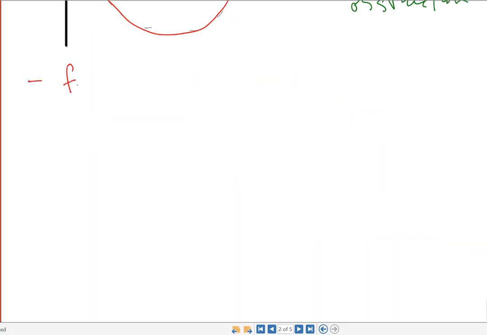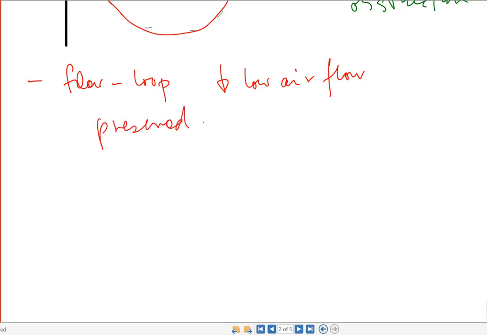So in summary then, our flow loop diagrams are useful in restrictive diseases because what they show is that while airflow is normally decreased at low air volumes, because we're at the flat part of the elasticity curve of the lung, flows are still proportionately preserved in restrictive diseases.